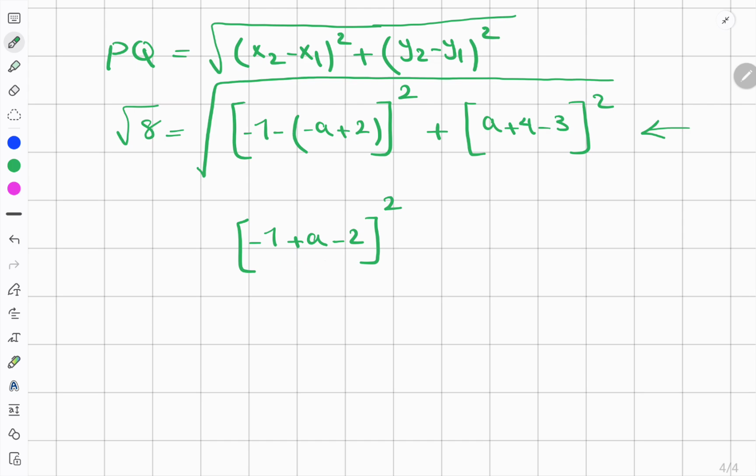And you can simplify this more. Negative 1 and negative 2 is negative 3. So (A minus 3) squared and (A plus 1) squared.